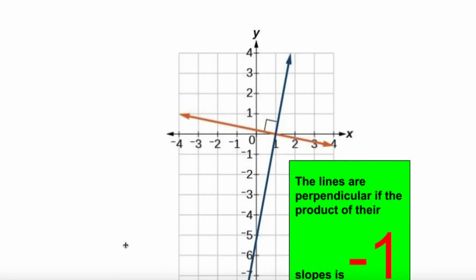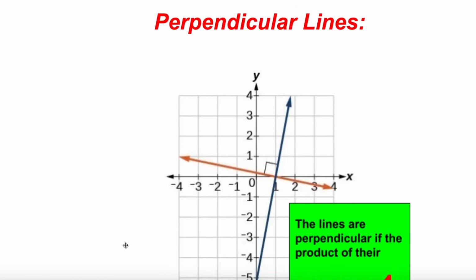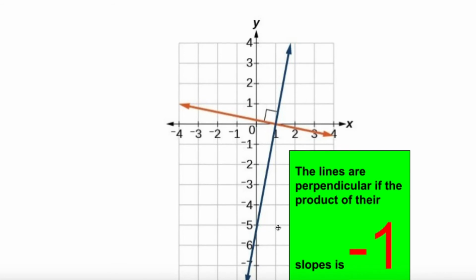Now perpendicular lines. If I have two lines perpendicular, that means the angle between them is 90 degrees and they are intersecting each other in one point. So the lines are perpendicular if the product of their slopes is negative 1. So you need to calculate both slopes and multiply the slopes by each other. The answer must be negative 1.